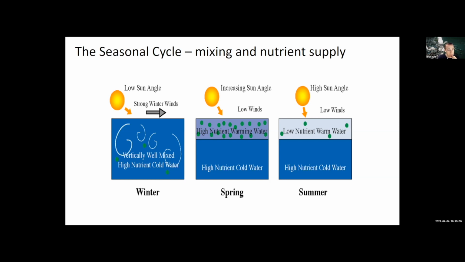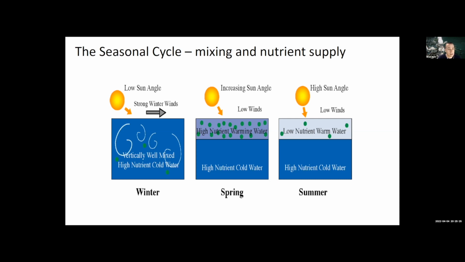Now they grow so quickly, they use up the nutrients, and then through the summer, there'll still be relatively high production, but it can depend a little bit on the resupply of nutrients. So if you have a couple of nice windy days, that will bring some fresh nutrients up to the surface, and then you'll get the phytoplankton growing again.